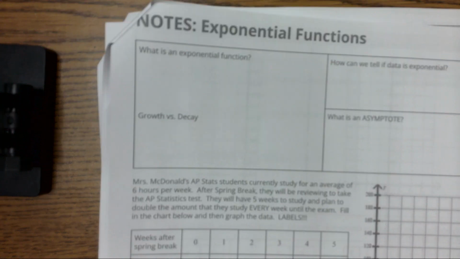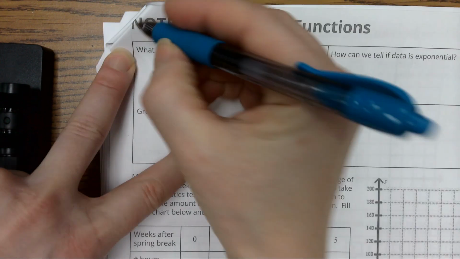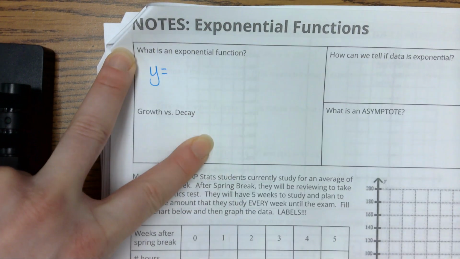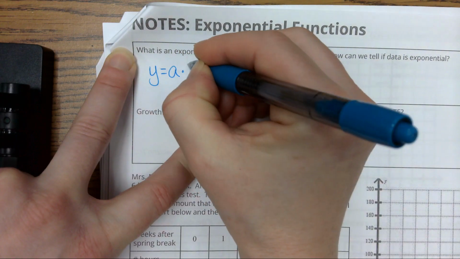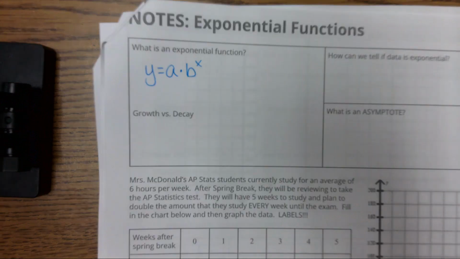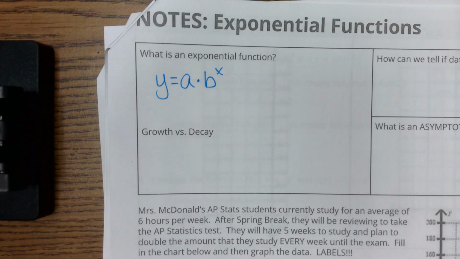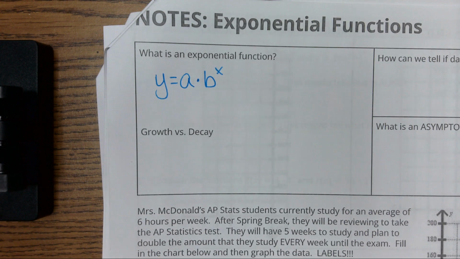An exponential function is written this way: y equals, so far nothing's changed, a times b to the x. One of the things that's tricky about this is that when we did y equals mx plus b, b was the y-intercept.